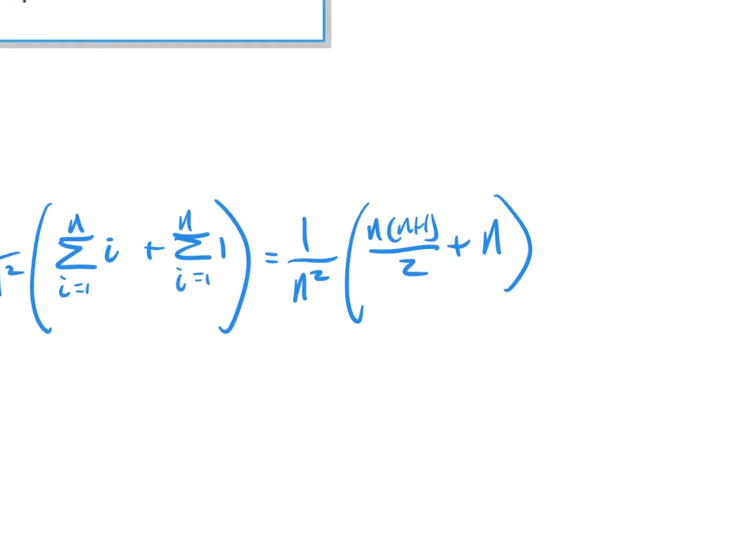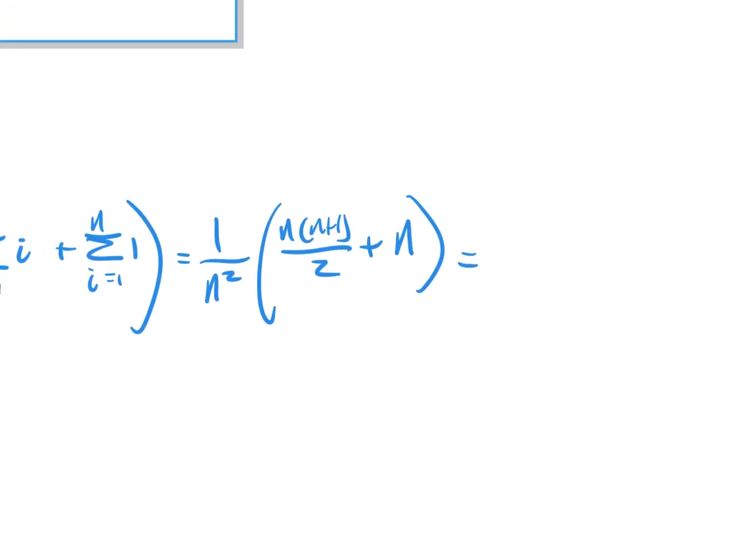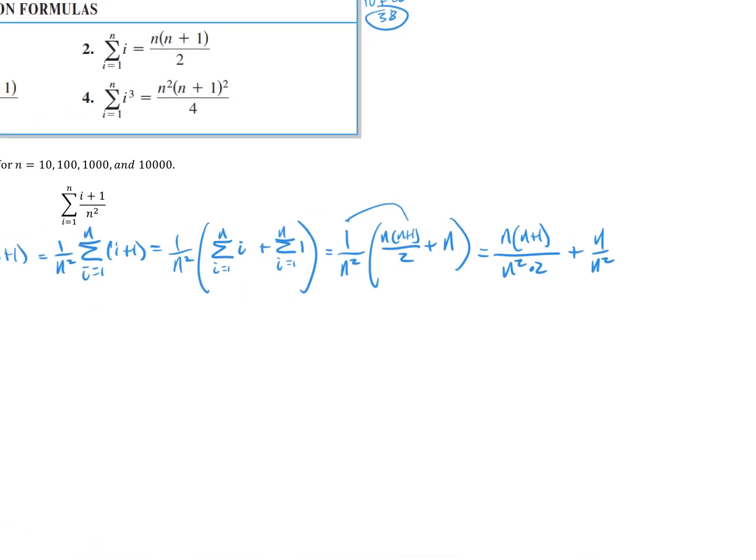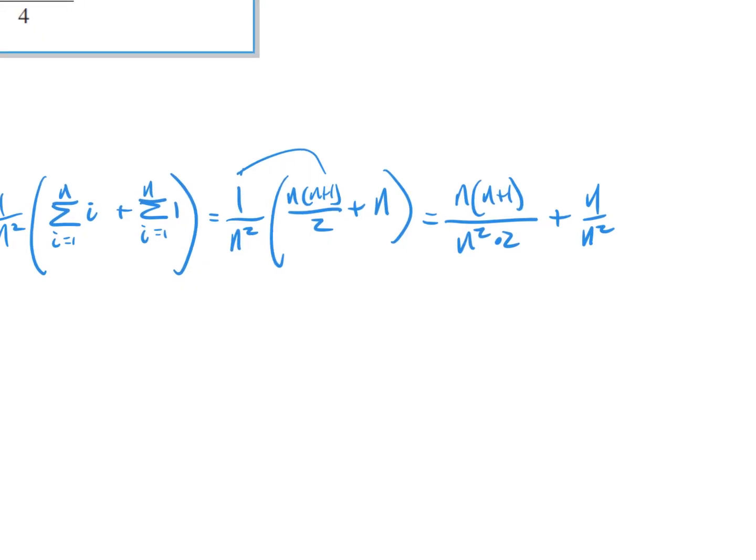Oh boy. All right, we're getting somewhere. Now, let's distribute this back out. We have n times n plus 1 over n squared times 2, plus n over n squared. Last but not least, let's clean that up a little bit.